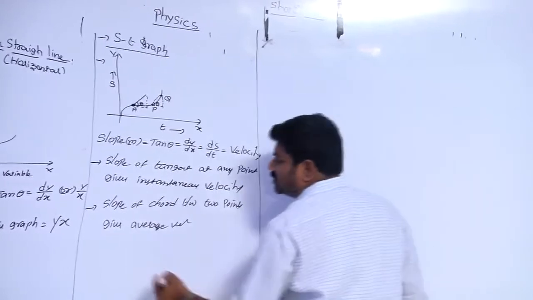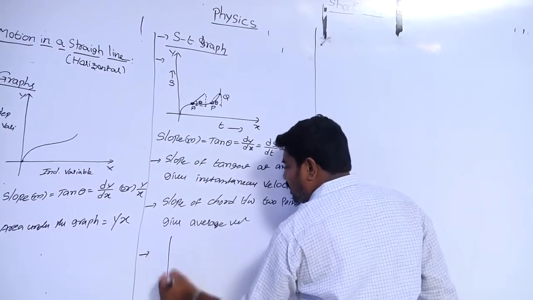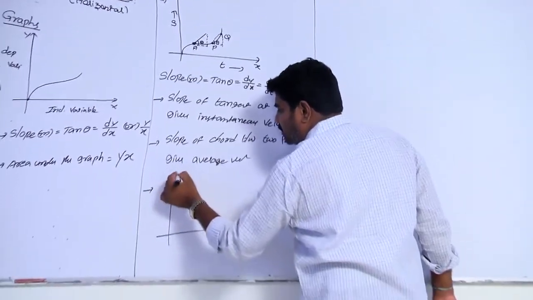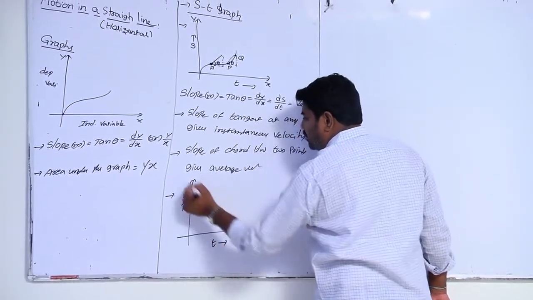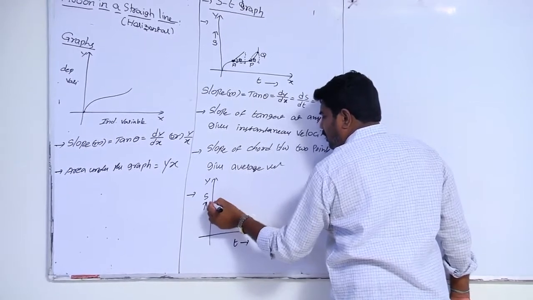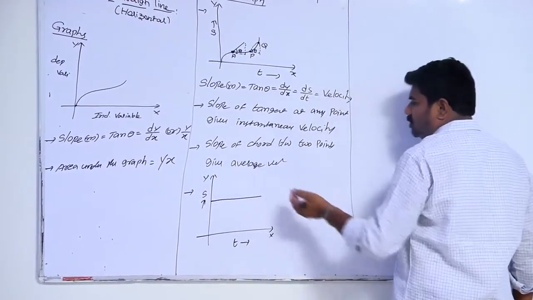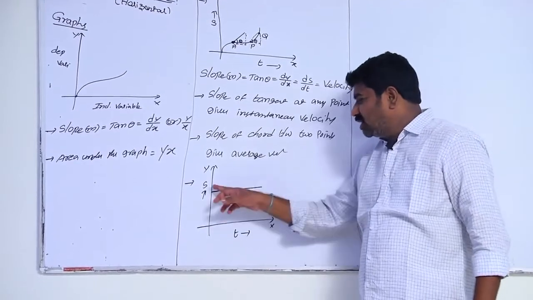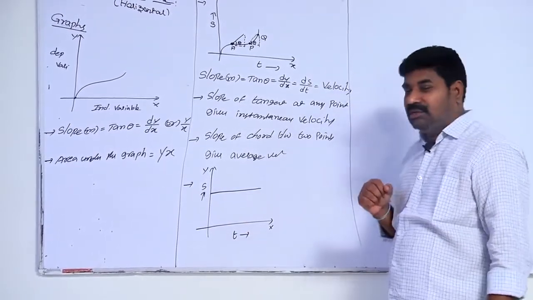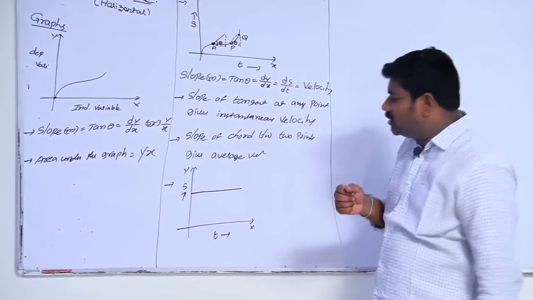We go for some of the graphs. Here, this is the displacement, this is the time. Here, this is the graph. What is the meaning of that graph? Time increases, but displacement does not change. That means the body is at rest.